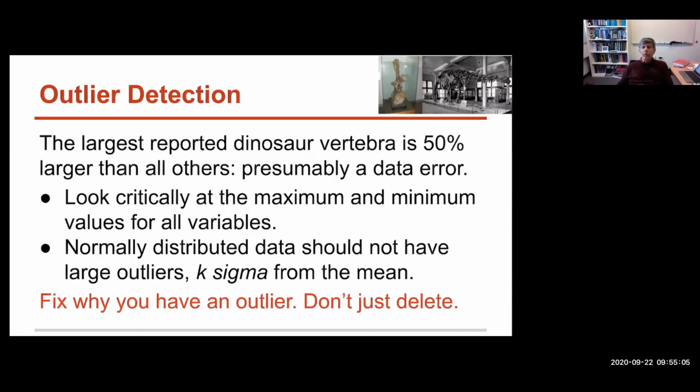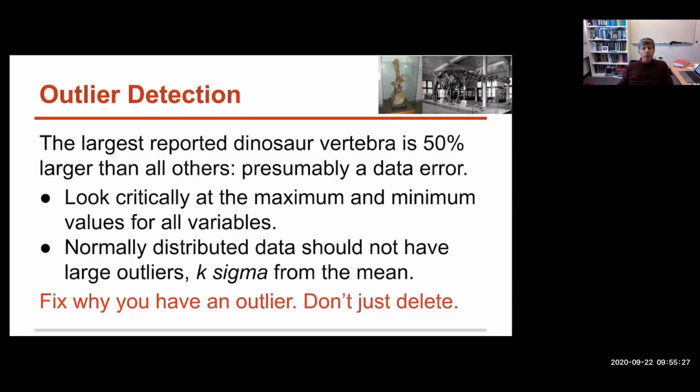Now, why is it 50% larger than any other dinosaur vertebra ever found? The answer presumably is that it was a data error. It seems like the museum can't locate this specimen anymore, but somehow it's written in a record that the dinosaur vertebra was measured as this big.